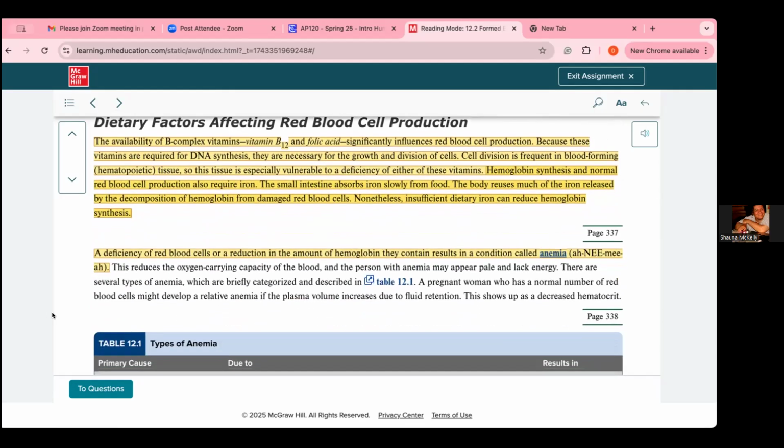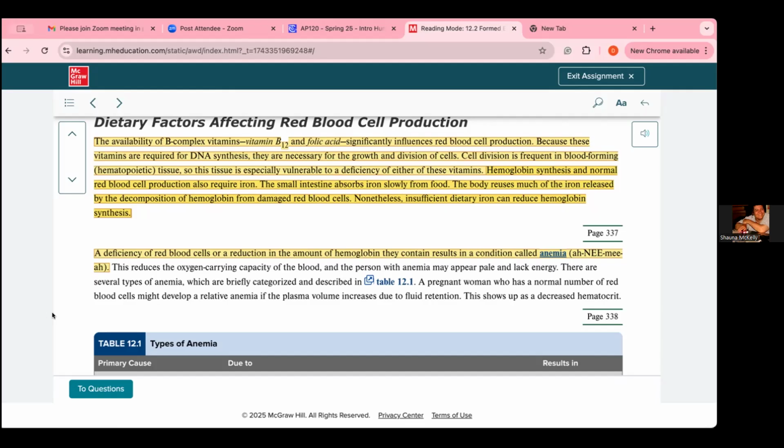A deficiency of red blood cells or a reduction in the amount of hemoglobin they contain results in a condition called anemia. This reduces the oxygen carrying capacity of the blood, and the person with anemia may appear pale and lack energy. There are several types of anemia which are briefly categorized and described.